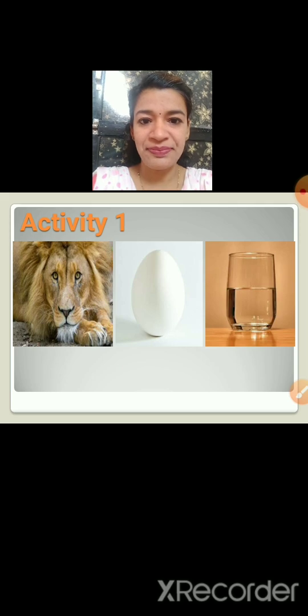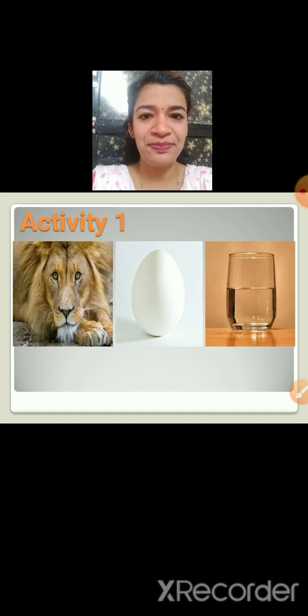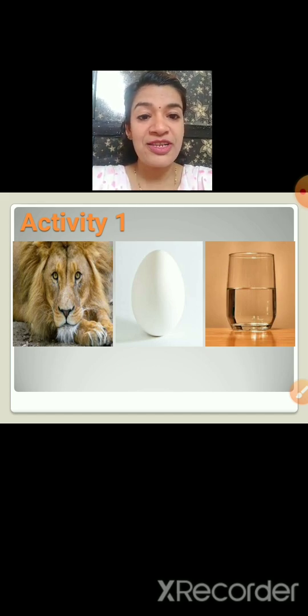Second one. First letter of the picture. What is that? Yes, very good. And the third one. First letter of the picture. Yes, very good.